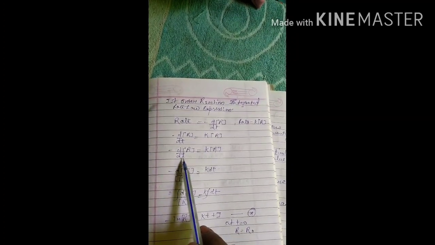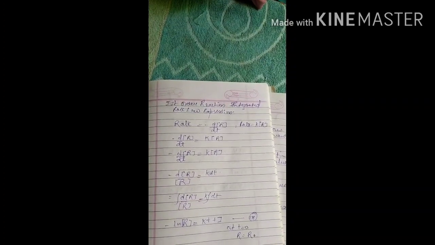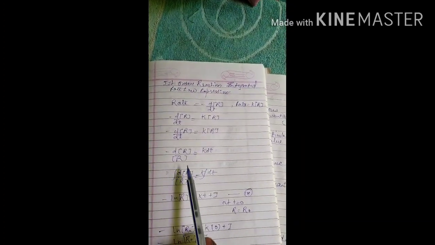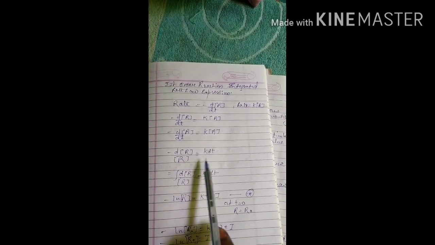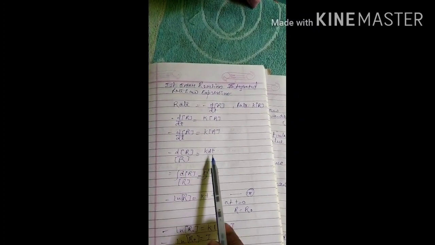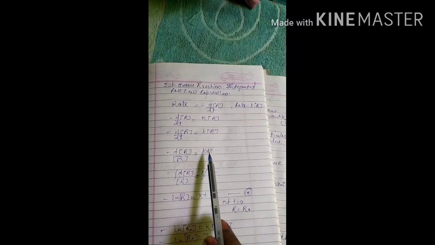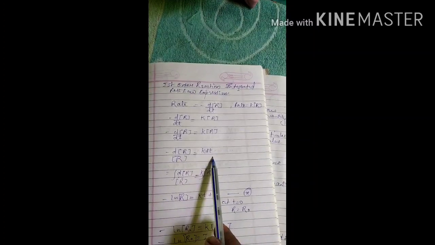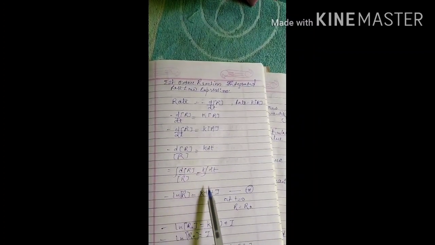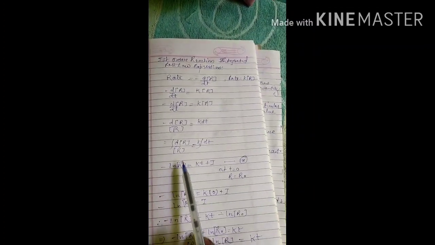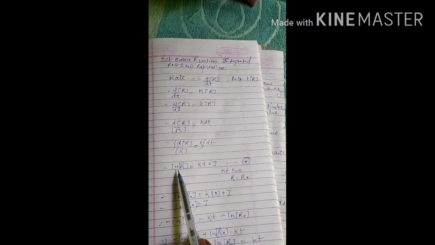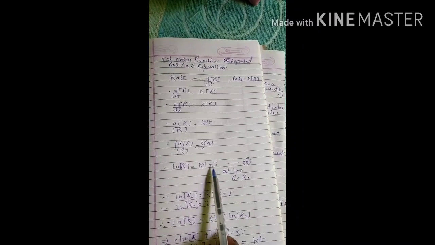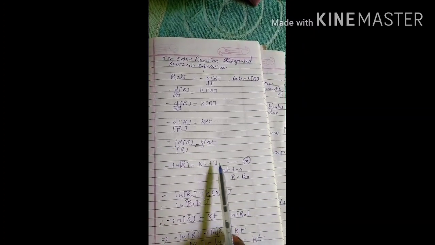Integrating both sides, changing these two: R comes here and t goes there. Thus integration, we know that the integral of dR by R is the natural log of R, equals kt plus I, where I is the integration constant.